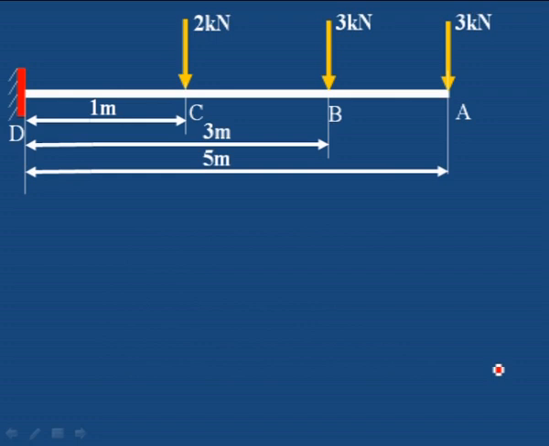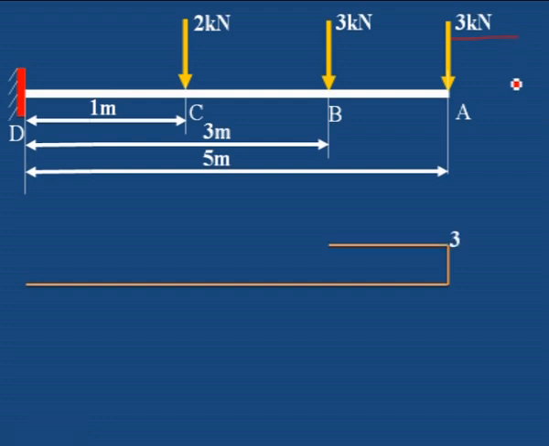Next, to draw the bending moment and shear force diagram, first draw the shear force diagram. Draw a horizontal line, then this is the point load, this shear force value is equal to 3 kilonewton, then a horizontal line because no load is added between A and B. Then here another 3 is added, making 6 kilonewton, this vertical line should be equal to 3 kilonewton, then a horizontal line.